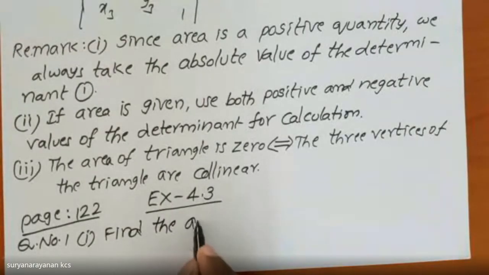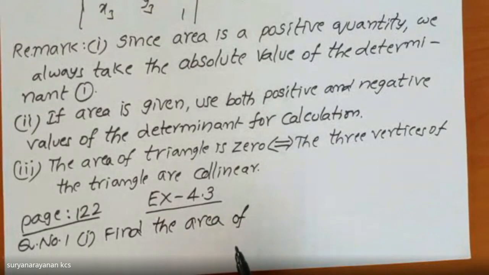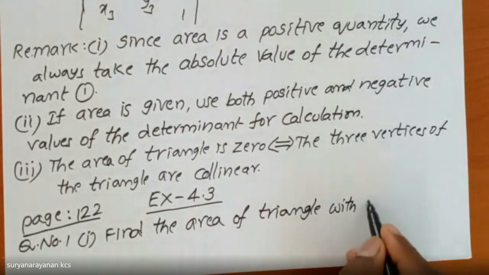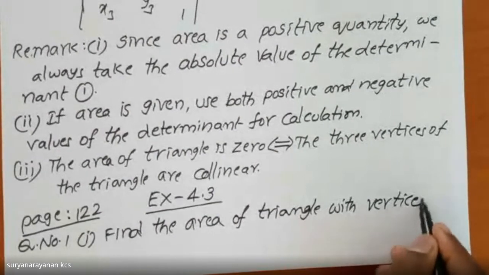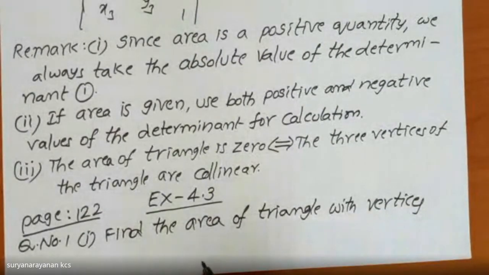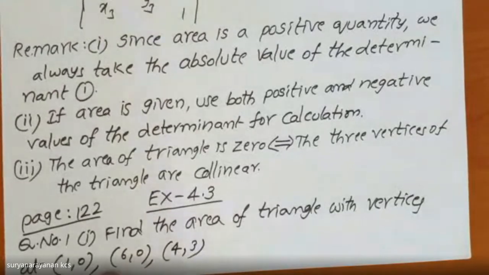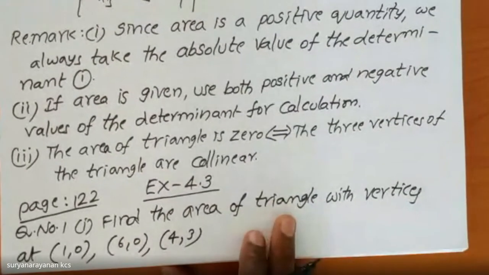Yes, sir. Find the area of the triangle with vertices (1, 0), (6, 0), (4, 3). Three vertices of a triangle are given. We have to find the area of the triangle.